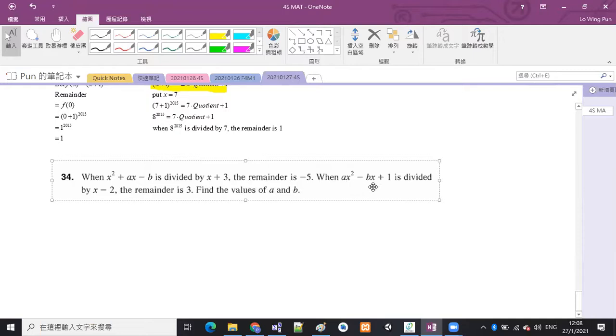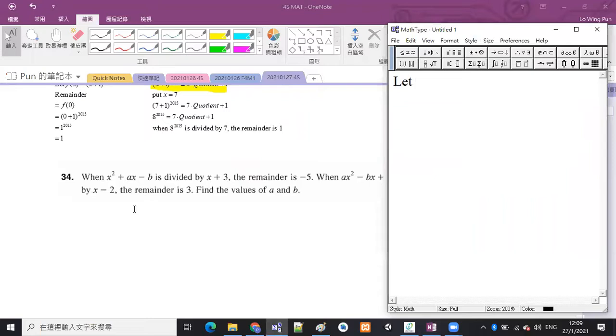When ax squared minus bx plus 1 is divided by x minus 2, remainder is 3. 好啦，呢度係咪有兩個 division 啊？兩個除法係分別有唔同嘅 dividend、唔同嘅 divisor 出唔同嘅 remainder。咁所以我哋要點做呢？我哋要 let f(x) be the first dividend. Okay, and then for the first division, remainder is equal to f(-3).